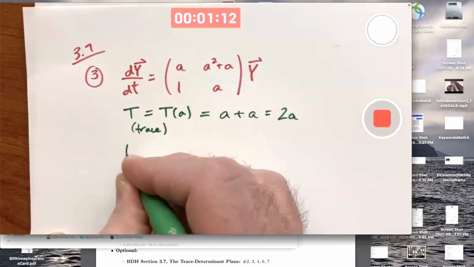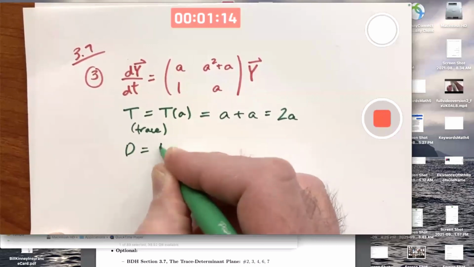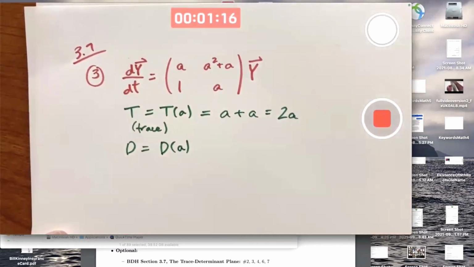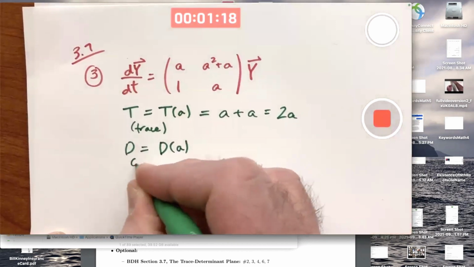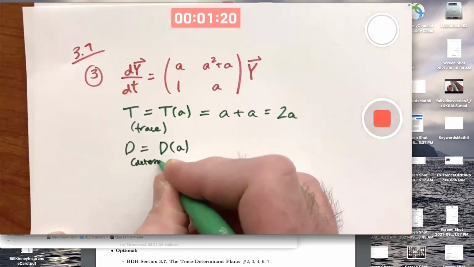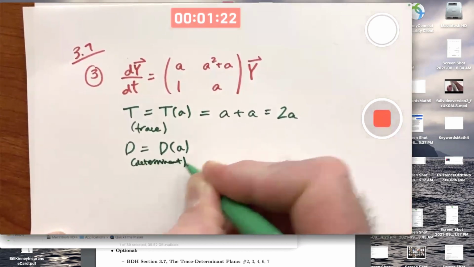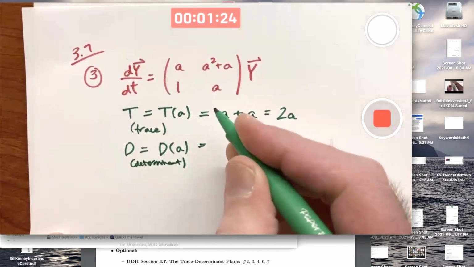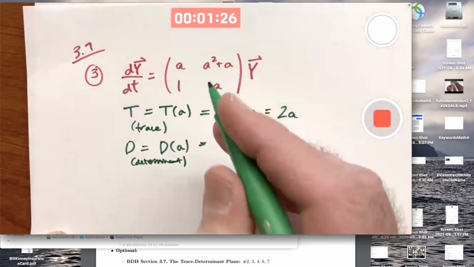And the determinant, D, which also depends on the parameter A, so you could write D of A. This is the determinant. Well, that looks like it might be complicated. Maybe it simplifies. Okay, actually it does simplify pretty nicely.